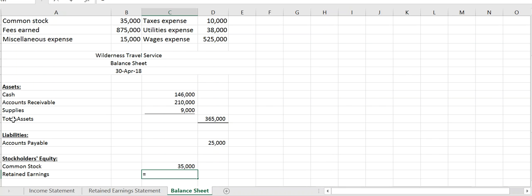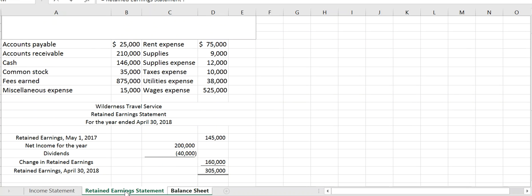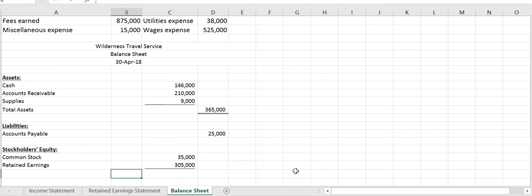So if we look back at our retained earnings statement, we see that we actually have two retained earnings values. But again, our balance sheet is done as of April 30th, so the value we're going to pull over is that $305,000. We're going to add those together to get our total stockholders' equity for the period. In total, our owners are worth $340,000 in the business.